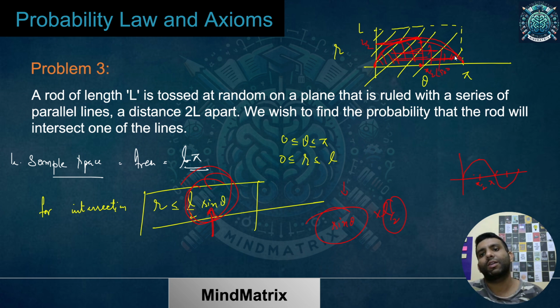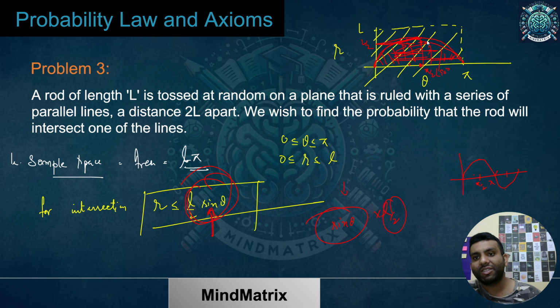Within this region, whatever the points are, those will be responsible for your intersection. How? If you consider theta to be this one, then if r is less than whatever this point is, it will definitely be intersecting. We know this because this is the criterion we have already filled. So now I think the idea is clear of which points I'm going to talk about.